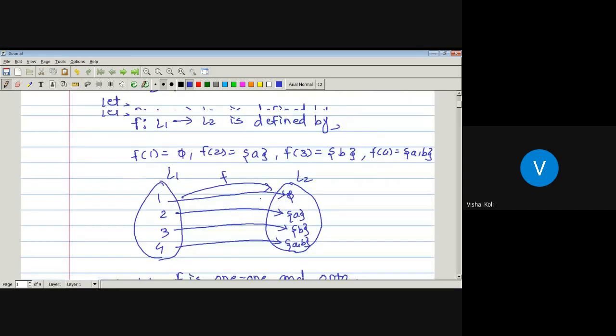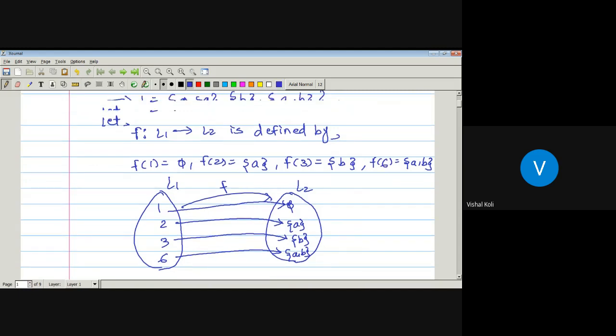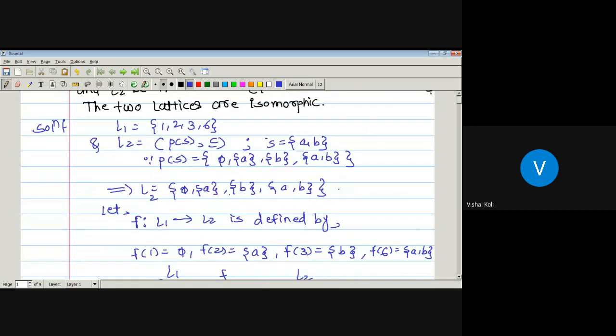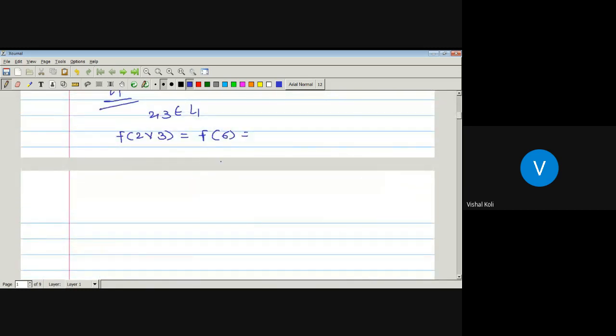Sorry, I think here we have to take 1, 2, 3 and 6, since we have taken the divisors of 6. So f of 6: what is the image of 6? AB. Okay.